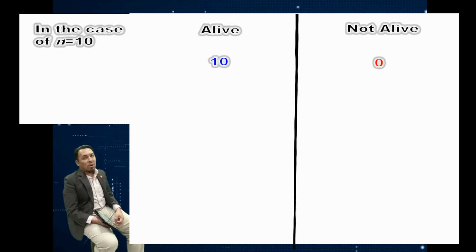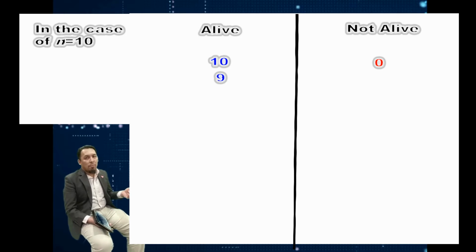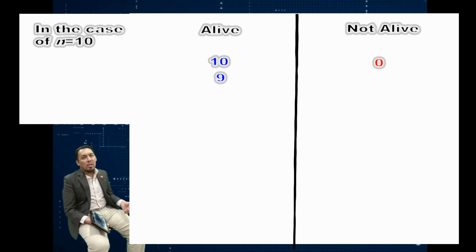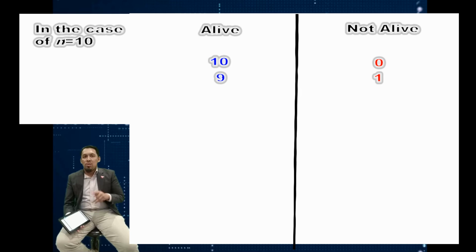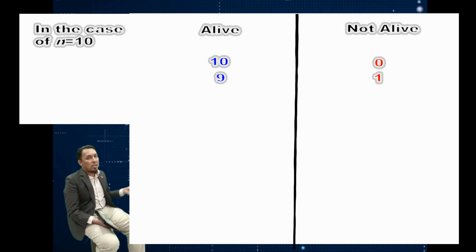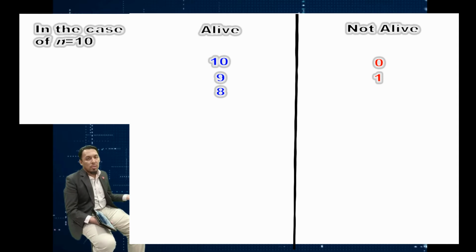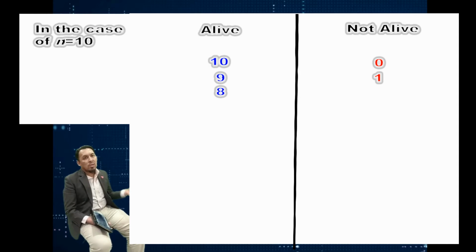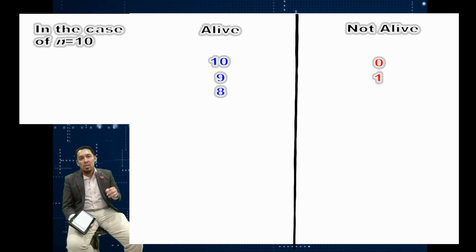Now, in the case of 9 people alive, what is the number of those who are not alive? 1 not alive. So if 8 alive, we are going to get 2 not alive.